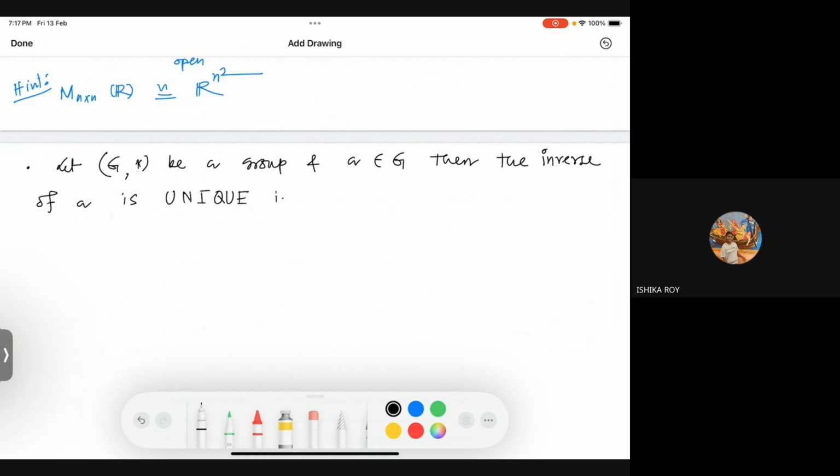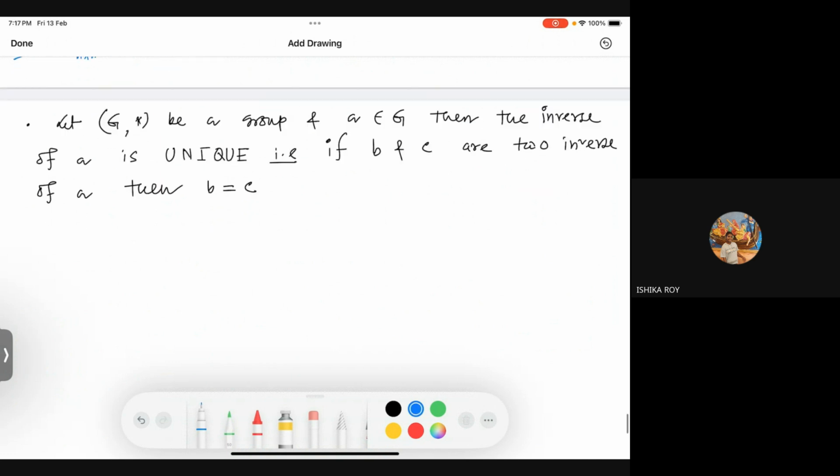That is, if B and C are two inverses of A, then B is equal to C. Anyone?